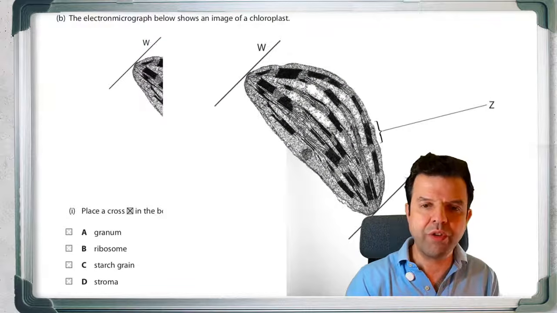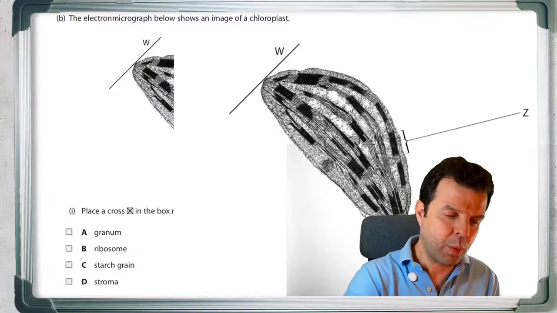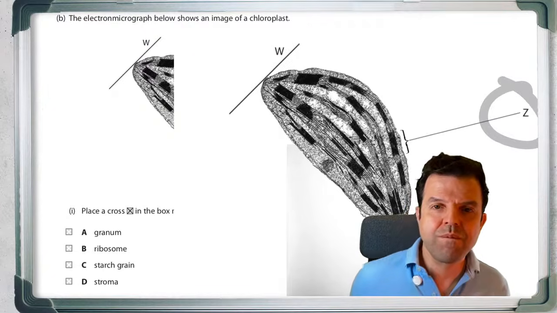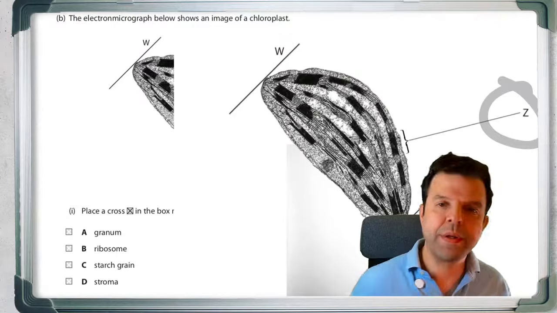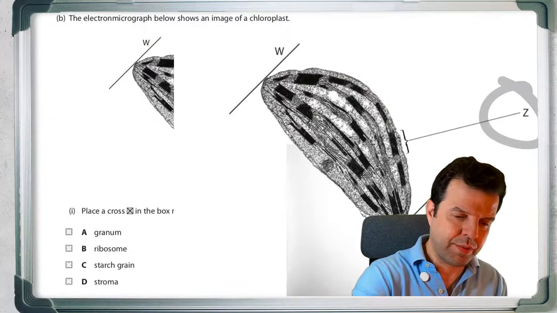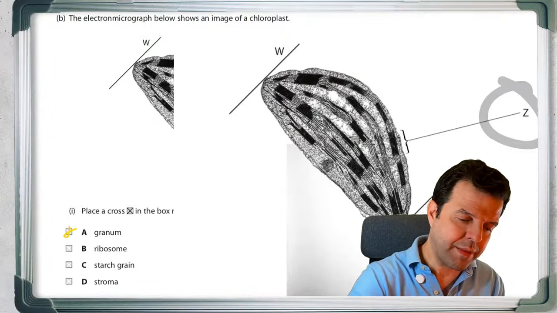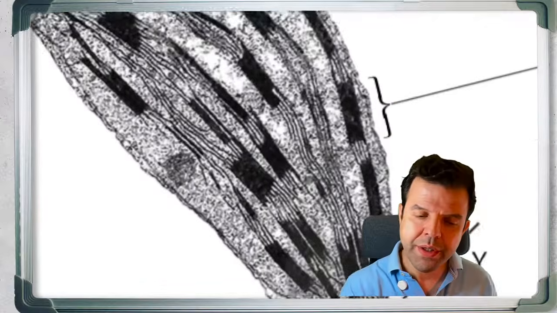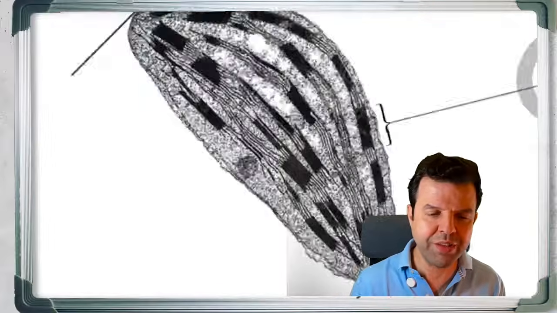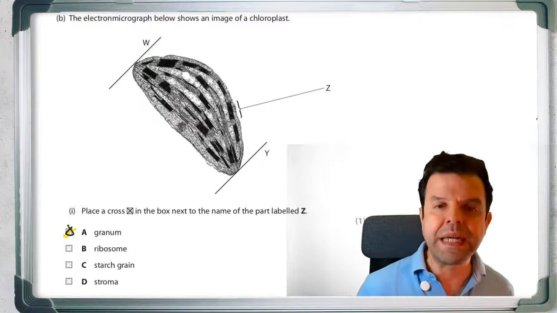So again, we're interested in part Z. What is Z here? It must be the granum, okay? Somebody has picked stroma. No, dear. This is one of the grana, okay? Which letter would be stroma? They did not point to a stroma here, unfortunately, but that's the granum.